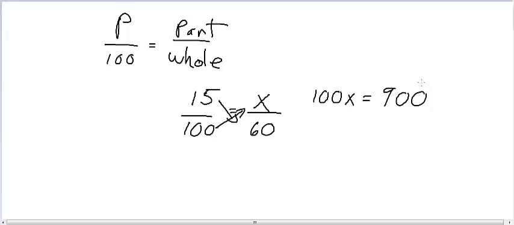So, to solve for x, I'll need to get rid of the 100, which means I'll divide each side by 100. My 100s cancel, and 100 goes into 900 9 times, so I'm left with x is equal to 9. So 9 is my answer. 9 is the part that I am looking for.